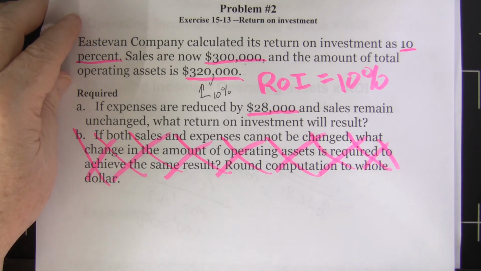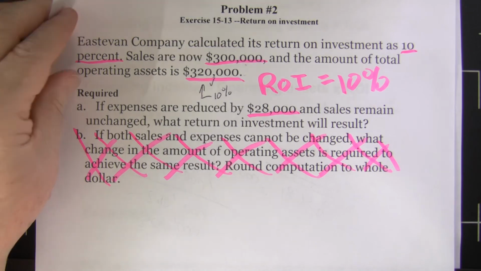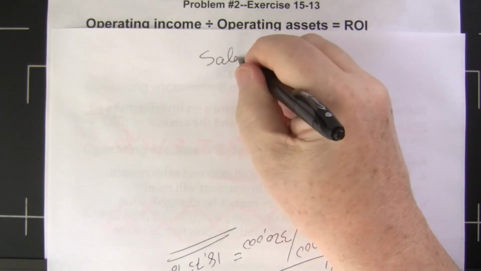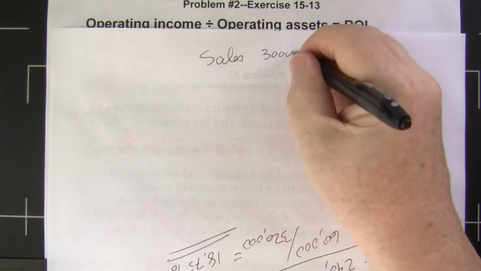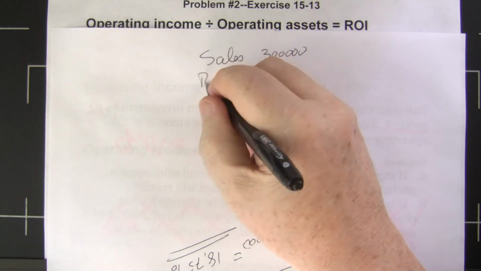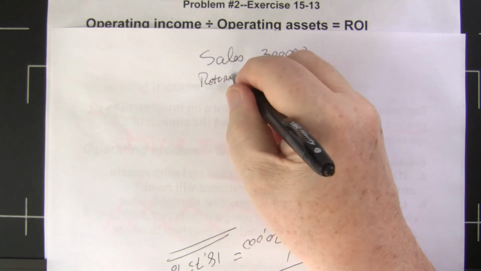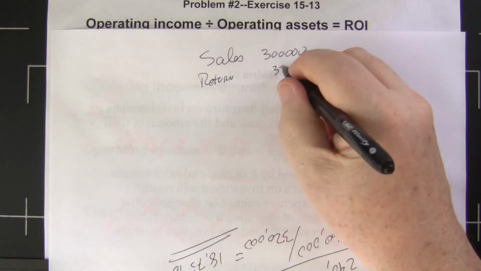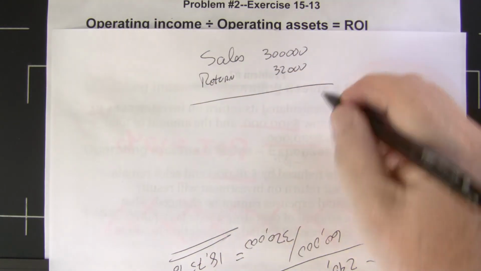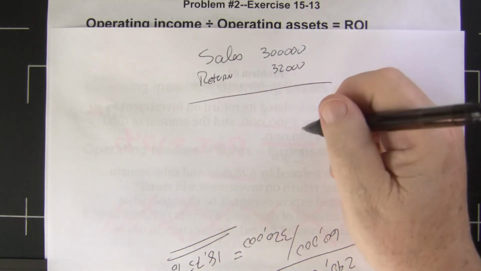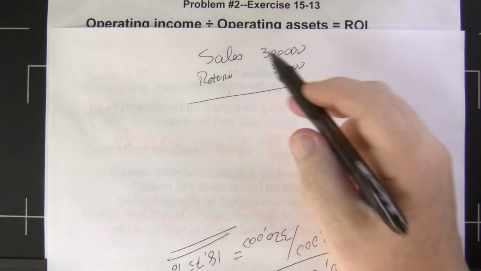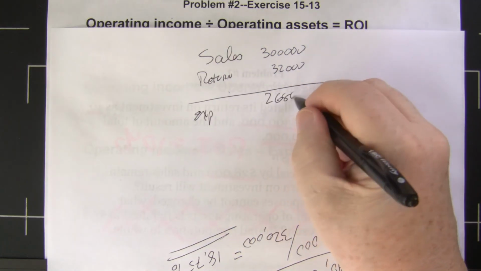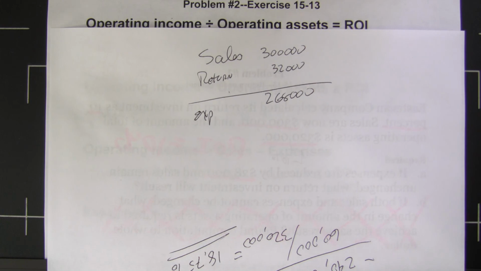So if our sales are 300,000 and our return, another word for income, another word for profit, is 32,000, the difference between income and sales is expense. 268.